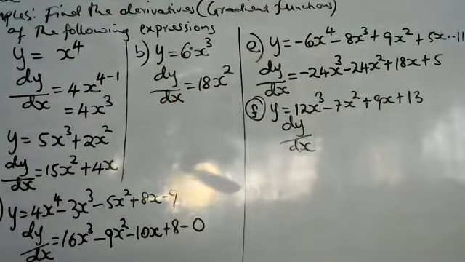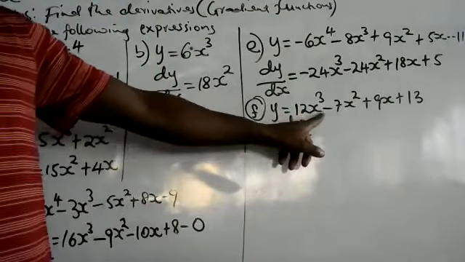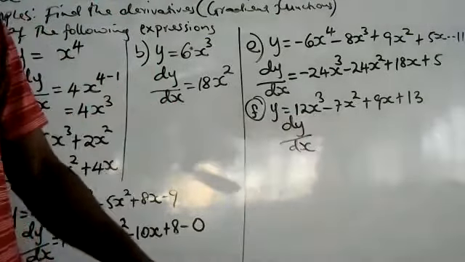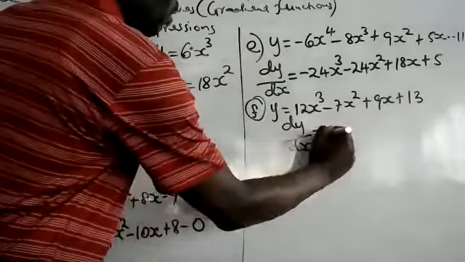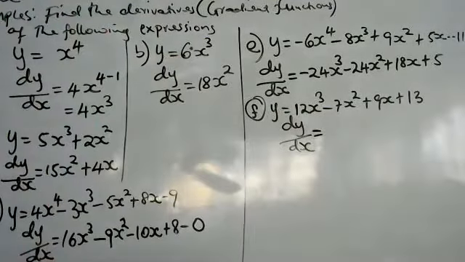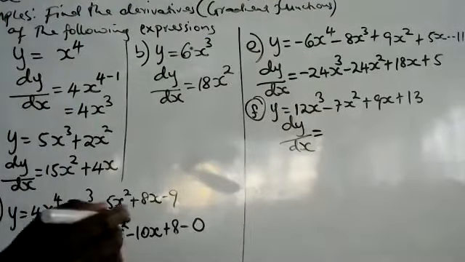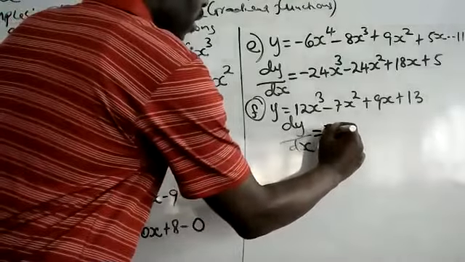We start with Catherine. You just do the first one. Only 12x cubed will be differentiated to be 36x squared. Yes, 36x squared is correct.